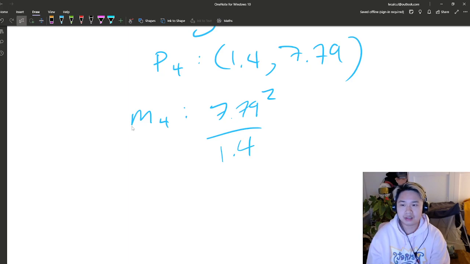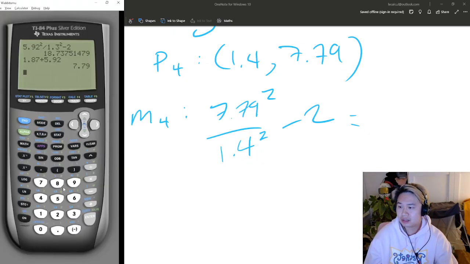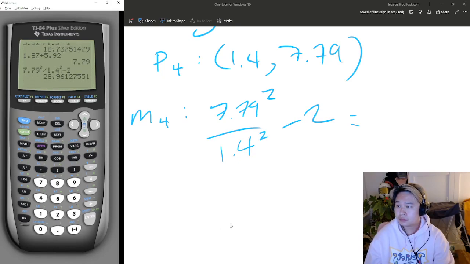I would honestly not show this work. Just shove this all in a calculator. And it'd be really sad if I just was doing this completely wrong. Why is that so big?